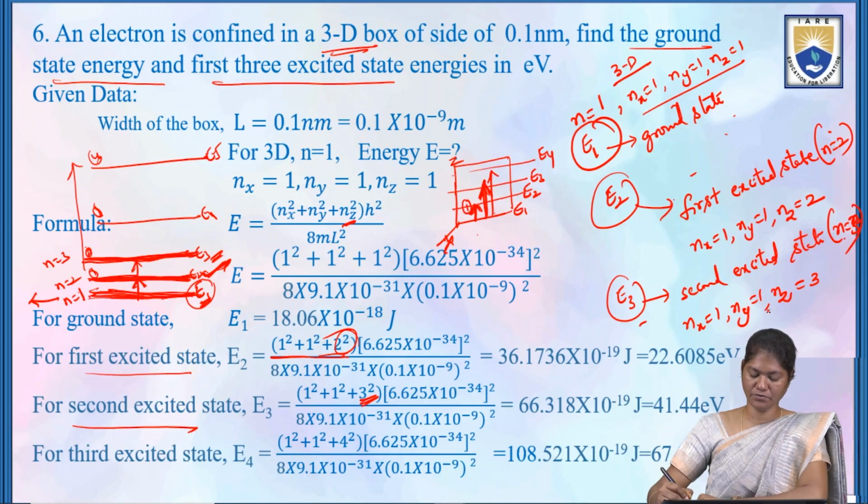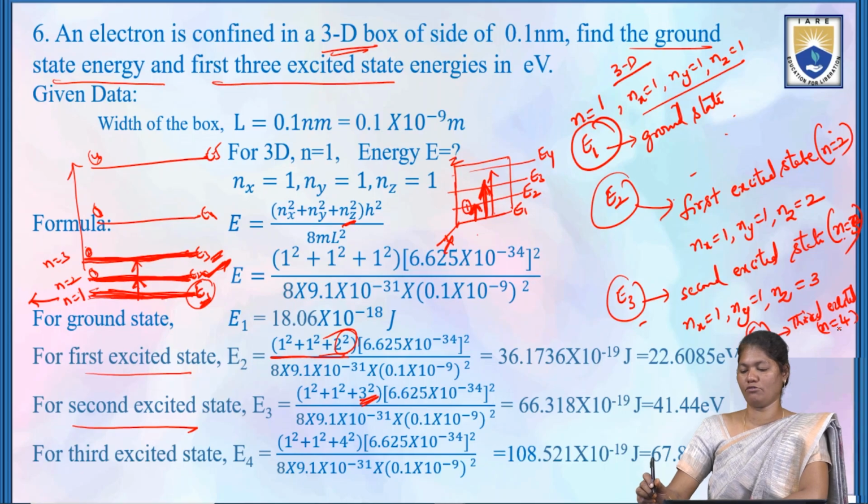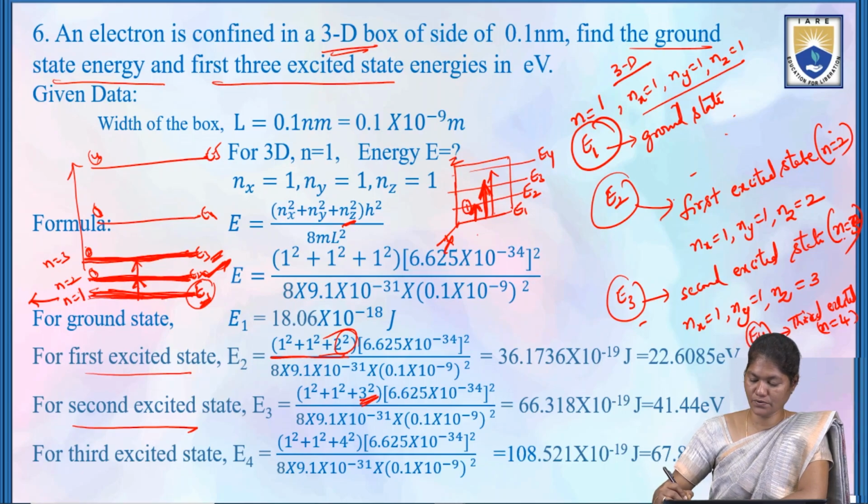So for the third excited state, E4 is the third excited state. The third excited state occurs when n equals 4.